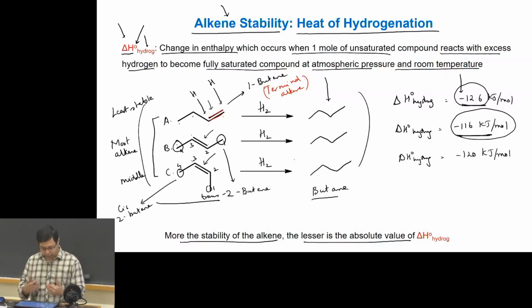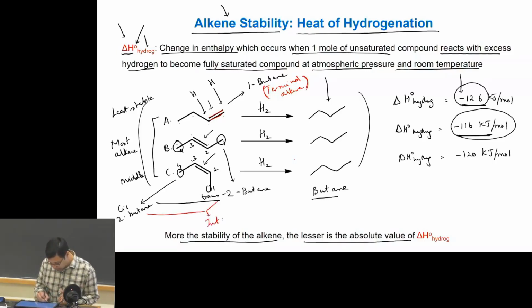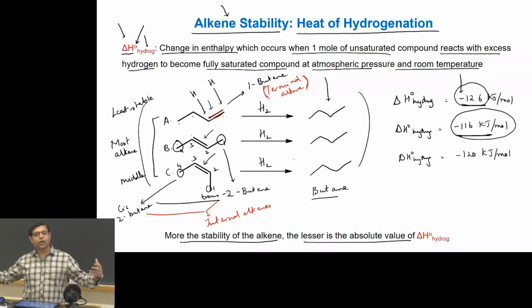So those kinds of molecules are called terminal alkenes. B and C are internal alkenes, because the double bond is within the chain. It's not at the end of the molecule. So A is a terminal alkene, and B and C are internal alkenes.